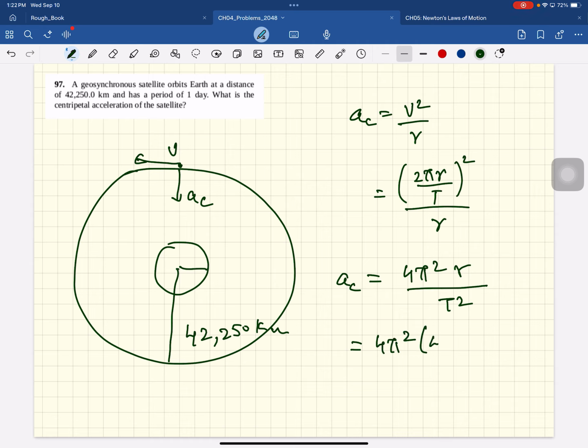The radius is 42,250 kilometers. That's in meters. A day is 24 hours, 3,600 seconds, squared. So the centripetal acceleration, which is also the acceleration due to gravity at that location. Okay. What is the acceleration due to gravity on the surface of the Earth? 9.8 meters per second squared. So as you go higher, the acceleration due to gravity decreases. And so now you'll know the acceleration due to gravity at this height.